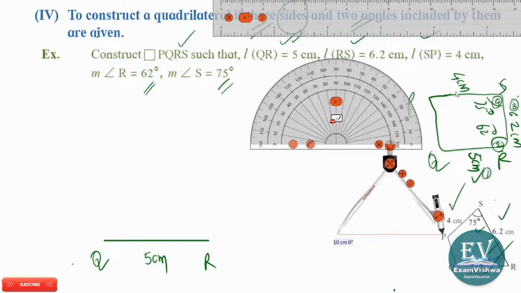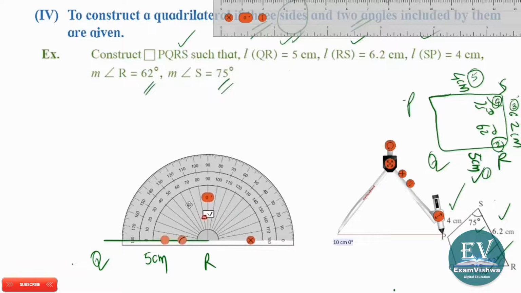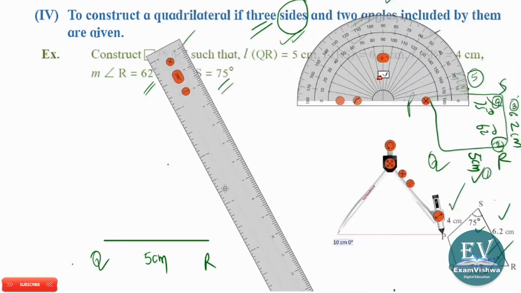Okay, so let me take 62 degree at R. Again, starting from the left, 62 degree is much before 90 degree. 62 degree somewhere here. Take the scale, draw the side of the quadrilateral which is 62 degree with QR.